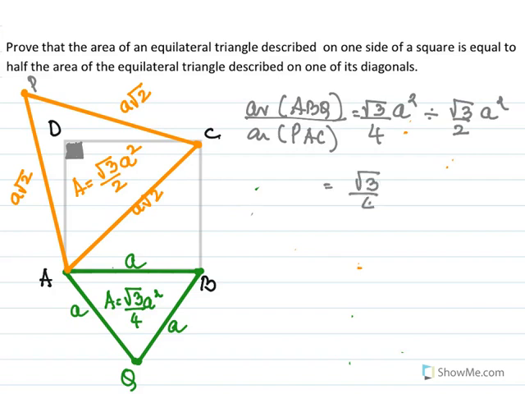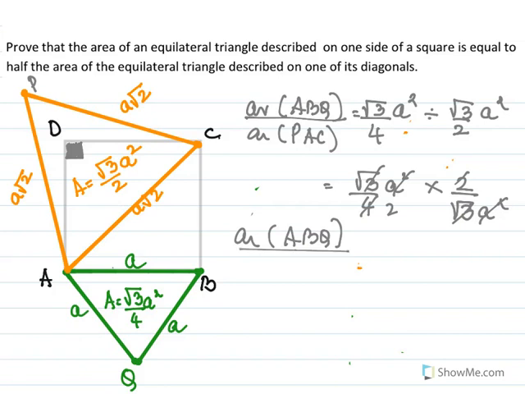So that is root 3 by 4 A square, division changes to multiplication. So here A square cancels out, and here it becomes 2. So area of ABQ over area of PAC is equal to 1 by 2.